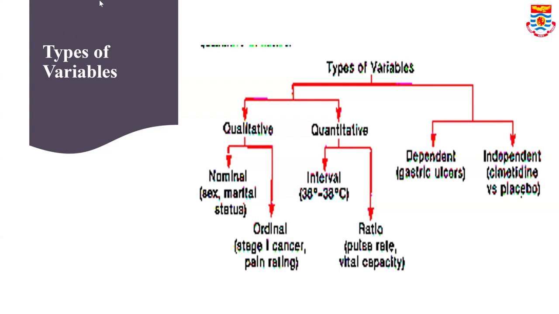A simple understanding is that the independent is not influenced, but the dependent is influenced by the independent. In a typical experimental research, we manipulate the independent to see its effect on the dependent.